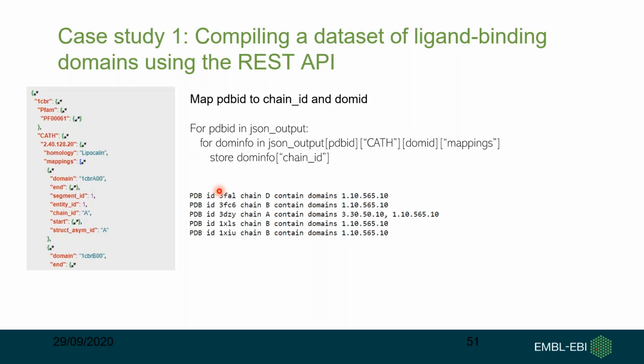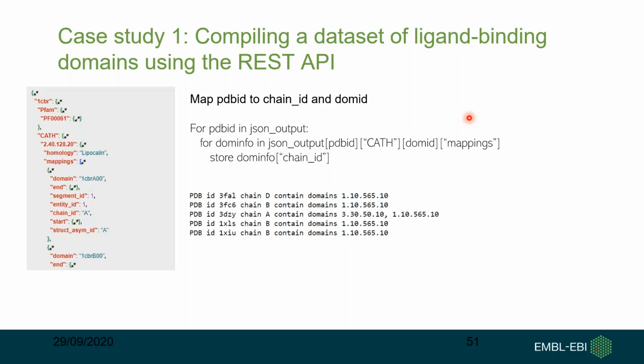Next, let's bring chain ID into it. So this is the same JSON output. However, now we are interested in one particular field called chain ID. Now we have moved on from homology, and we will move on to mappings because the chain ID is within the mappings field.